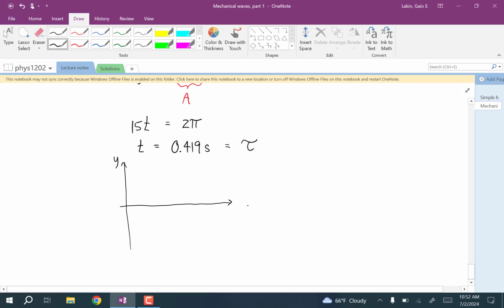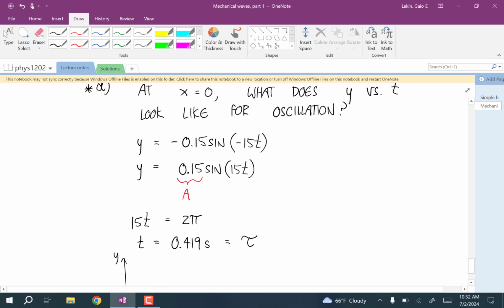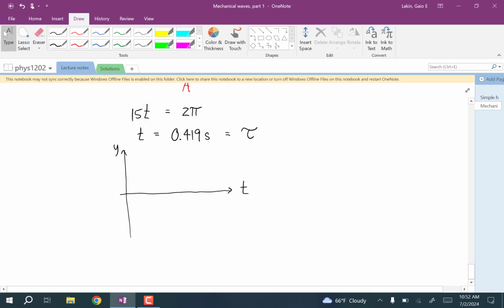If we have y versus time, this is a positive sine function, so it's going to look something like that. This sine function repeats here. And the amount of time it takes to, whoops, I did that in the wrong spot. It actually repeats here. You're just looking for where that pattern repeats.